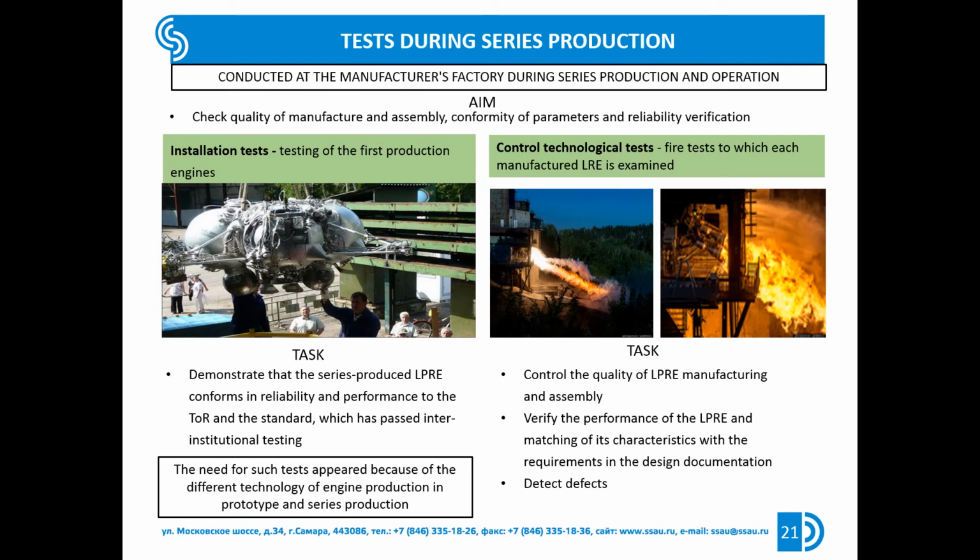Usually, they are limited to measuring the parameters required to determine the basic data of the LPRE. A liquid propellant rocket engine is considered to have passed the performance test if its program is fully completed, the parameters to be controlled are within the specified tolerances, and the elements of the engine have no defects preventing its further operation.